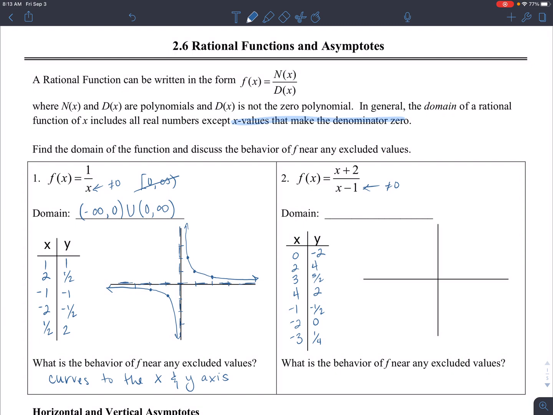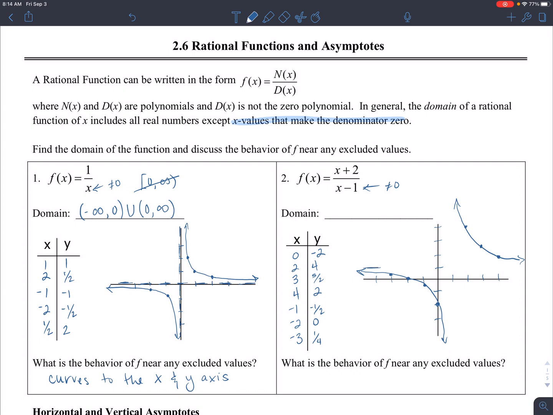And then we're going to plot these points. All right, when we connect this, what we can see is it doesn't quite look like the parent function in that now the x and y axis do not appear to be the vertical and horizontal asymptotes.